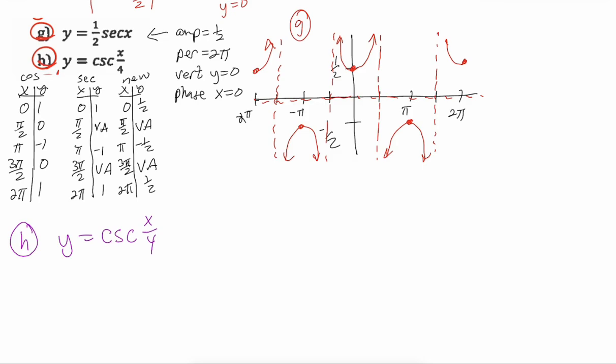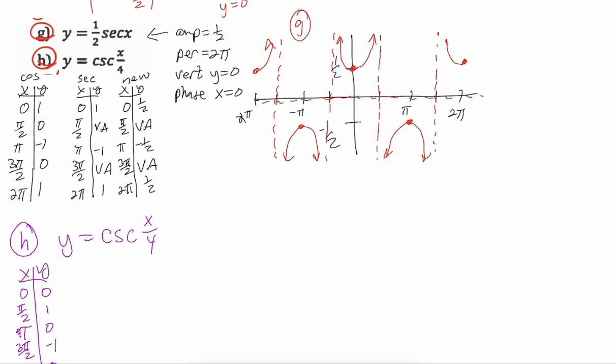Now, if you see that it is a cosecant, we want to write the sine. So the sine goes 0, 0. Pi over 2 is 1. Pi is 0. 3 pi over 2 is negative 1. 2 pi is 0.